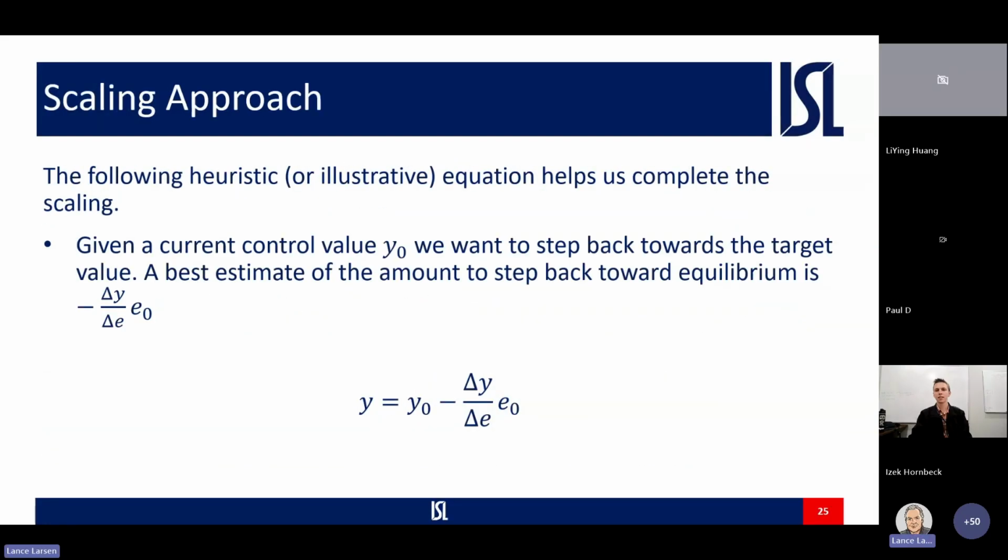Now, to complete the scaling approach, we're going to use this heuristic equation below. If we're given a current control value y0, and we want to make our control move back towards an error of 0, then the best estimate of the amount to step backward is to subtract delta y over delta E times our initial error.